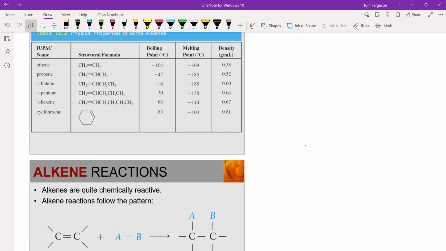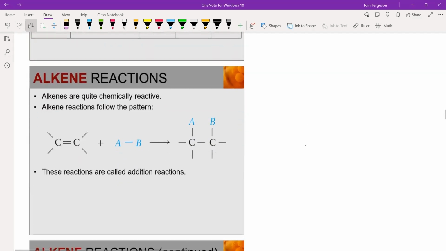The bigger the molecule, the higher the boiling point, the higher the melting point. Same with alkanes. You're going to find this trend to be very, very consistent throughout all the functional groups.